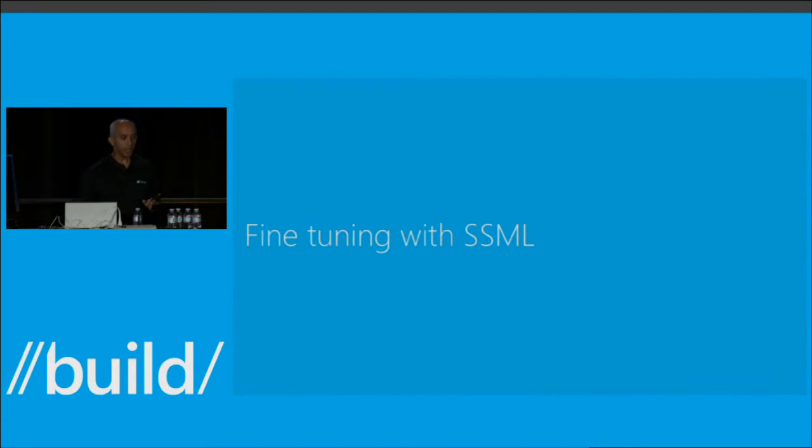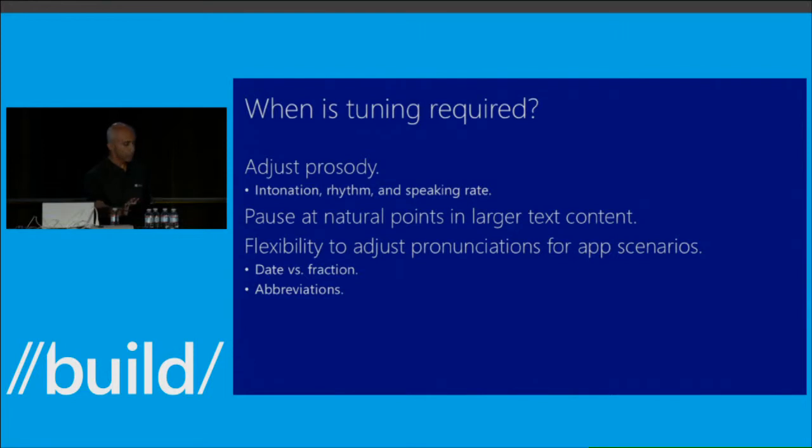So now that we can incorporate text-to-speech in the app, let's talk about how you may want to fine-tune the voice to suit the experience. Out of the box, as we saw in the demos, the built-in voices do a very good job. They do that by analyzing the text and the context and modeling the attributes of human speech. Now, what do I mean by attributes of human speech?